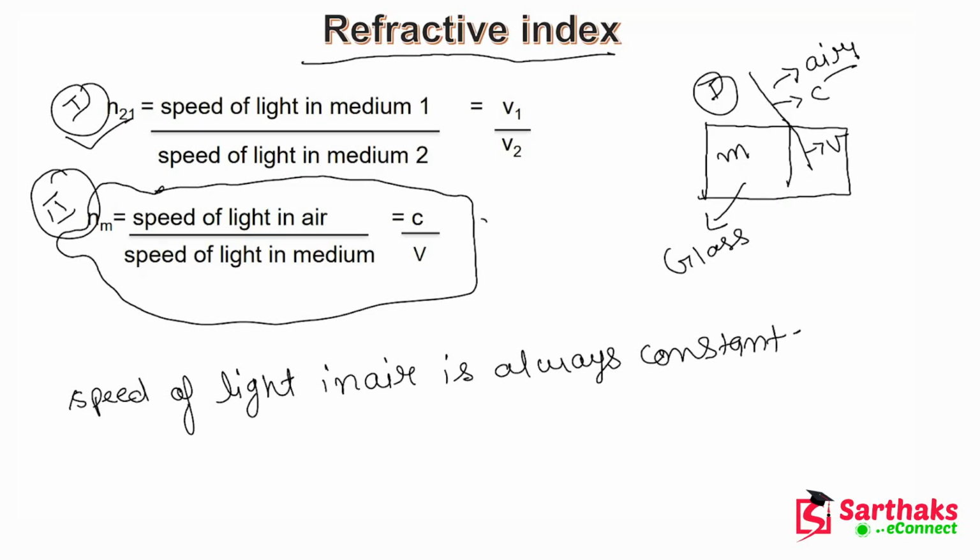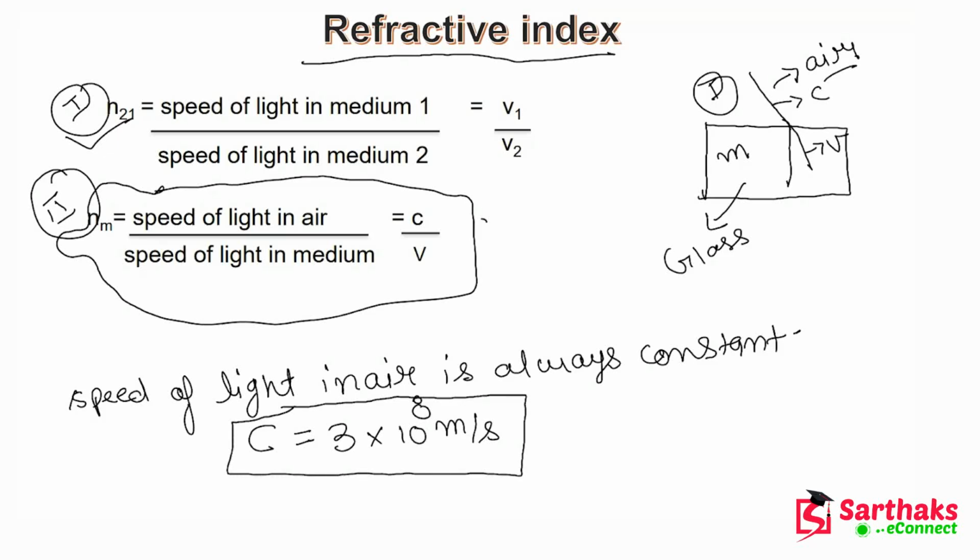What is the value of the constant? This is c, and the value of c is 3 into 10 to the power 8 meter per second. And you can see this is a very high value. It means it is very, very high.